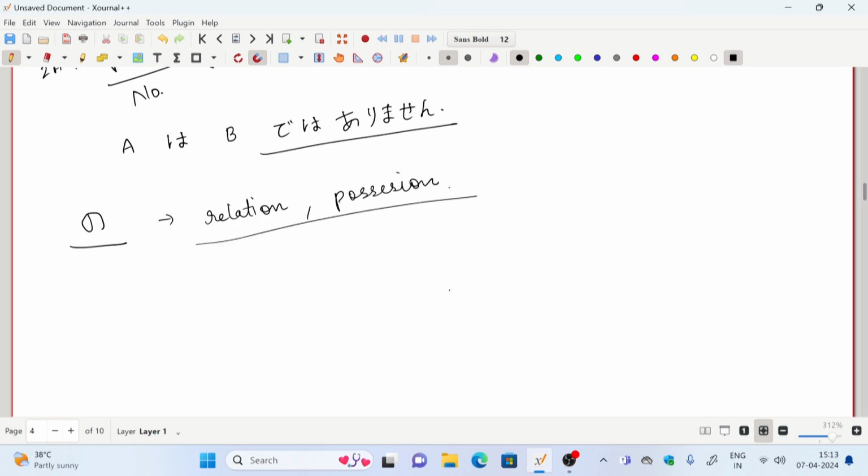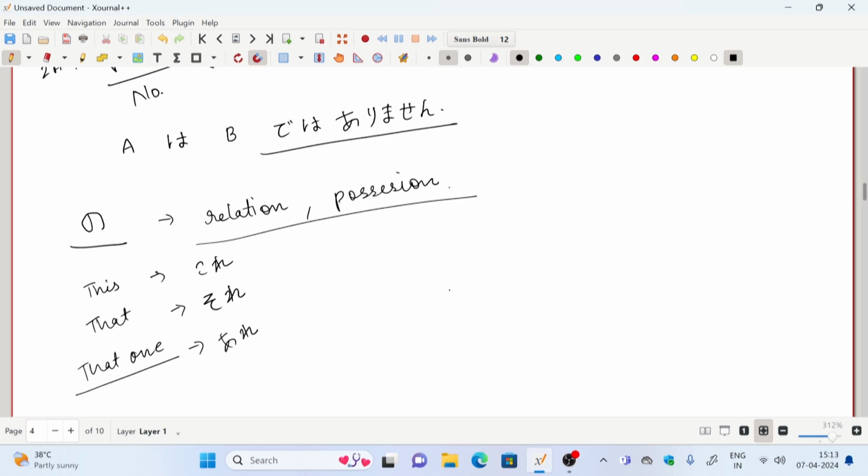So if I say this is a pen, we have this, that, and that one. This is kore, that is sore, and that one which is far for both is are.